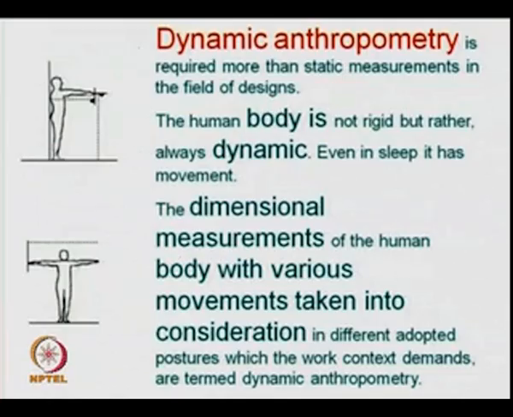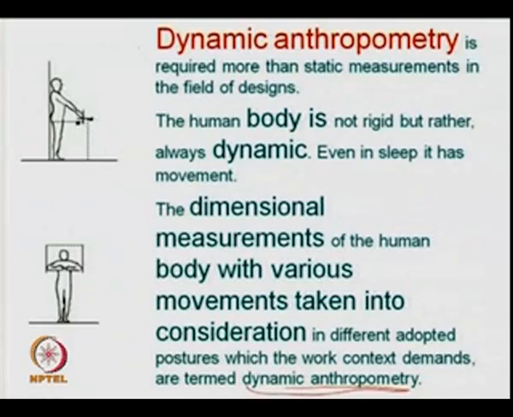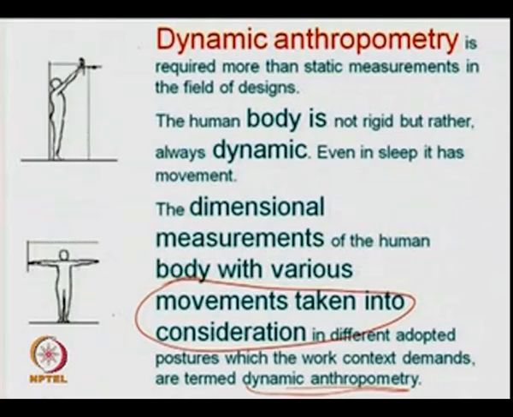The dimensional measurements of the human body with various movements taken into consideration in different adopted postures which the work context demands are termed as dynamic anthropometry, means movement taken into consideration. These two figures are saying what the different body movements are that are normally taken care of.